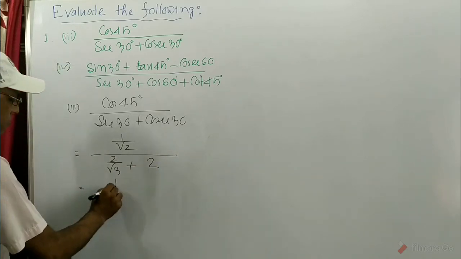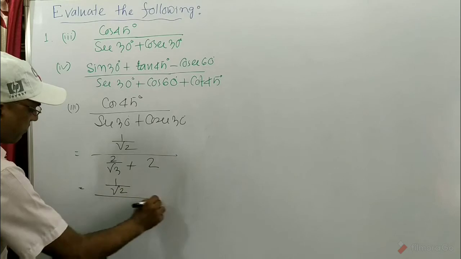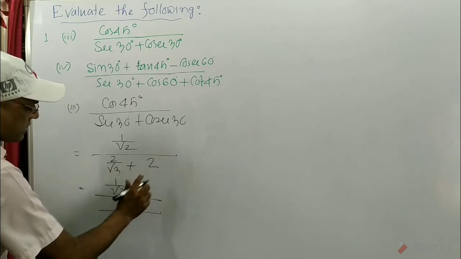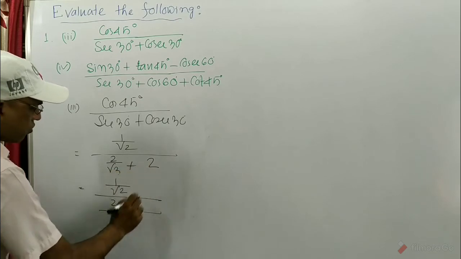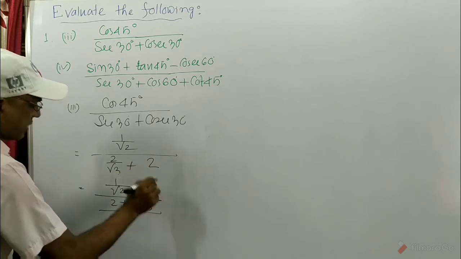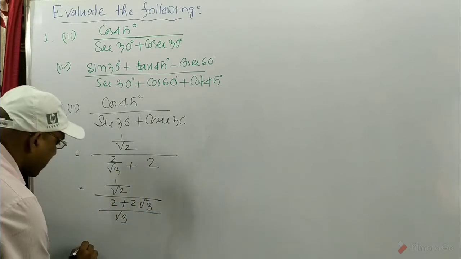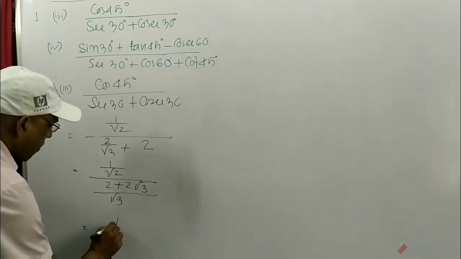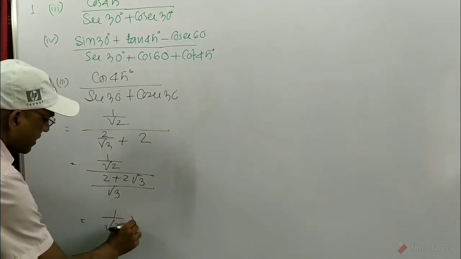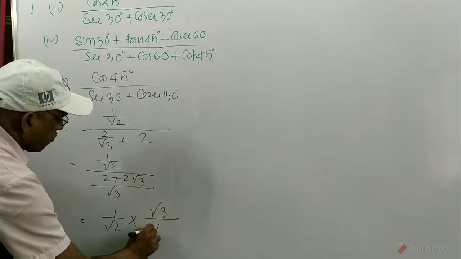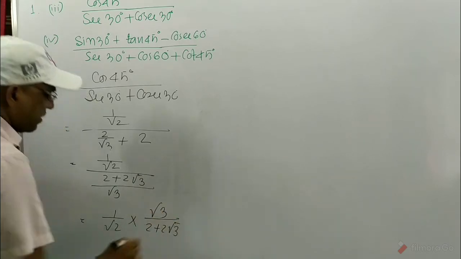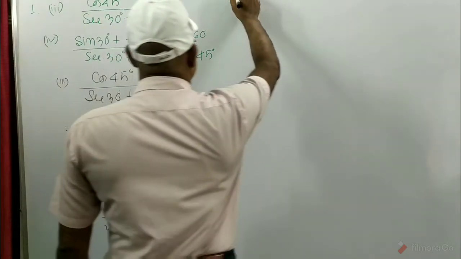So this is 1 by root 2, which remains the same. In the denominator, root 3 is the LCM, so we get 2 plus 2 root 3. This 1 by root 2 remains the same, and in the numerator root 3 comes up, giving root 3 by 2 plus 2 root 3.